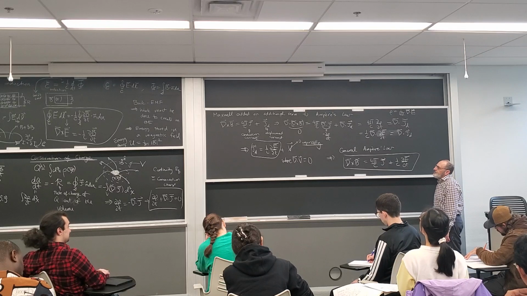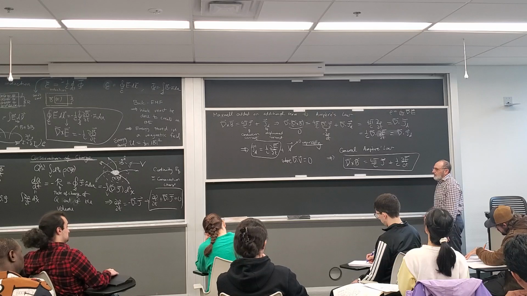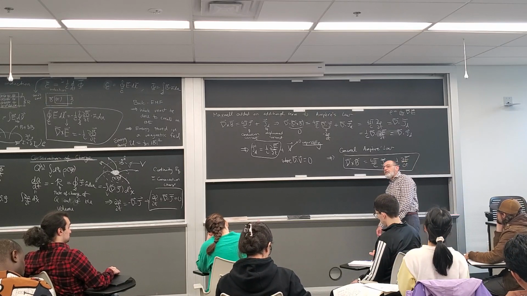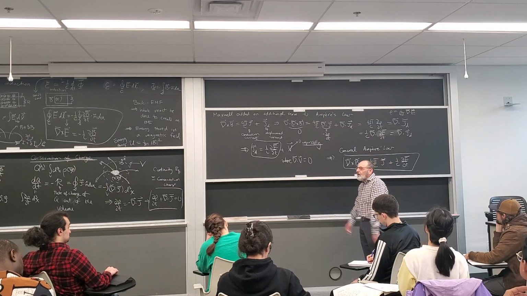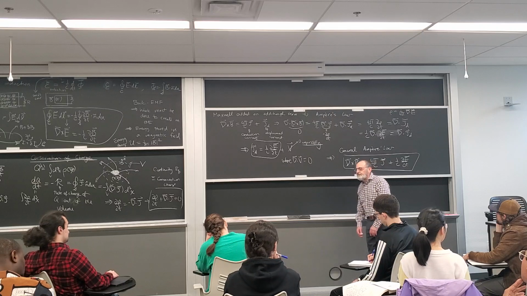It's nothing. It's just an additional term that could give rise to curling B. Okay. There could be something else there, in principle, some other kind of field or current that does that, but it doesn't exist. Okay. Yeah.